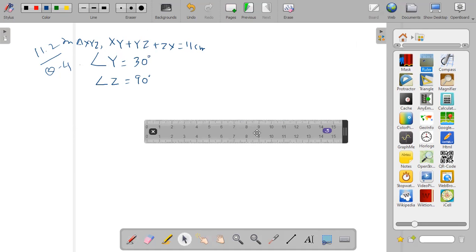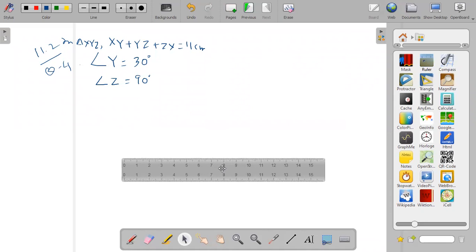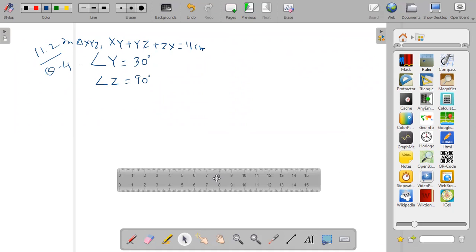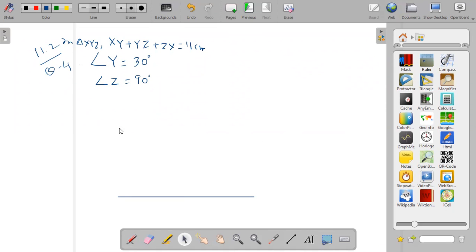You have to put the ruler and draw a line of 11 centimeters. Okay, this is 11 centimeters. You can see this is 11 centimeters.